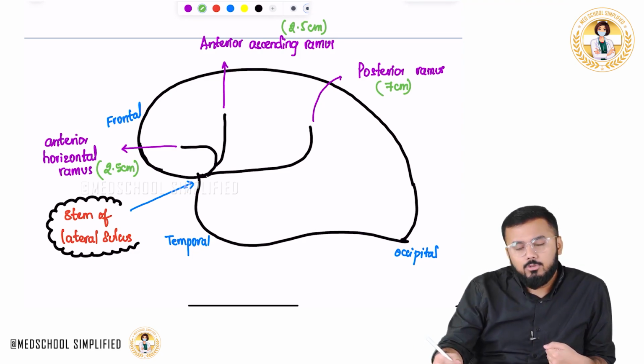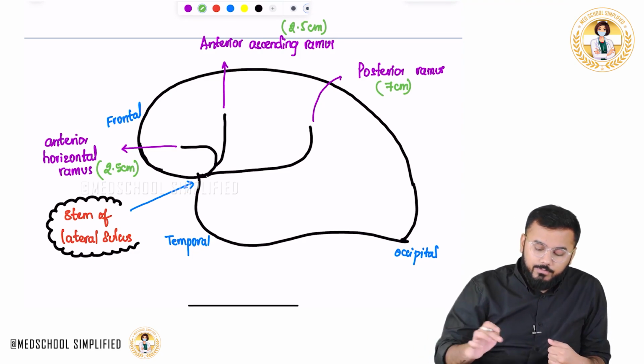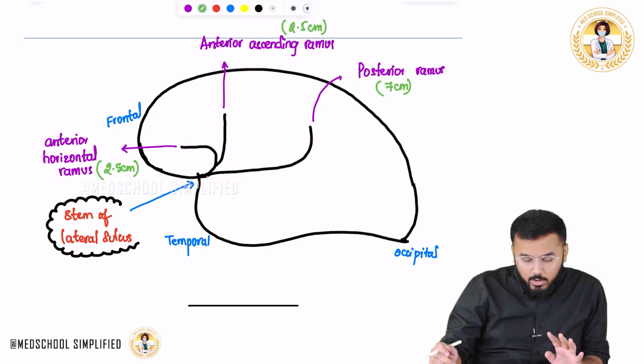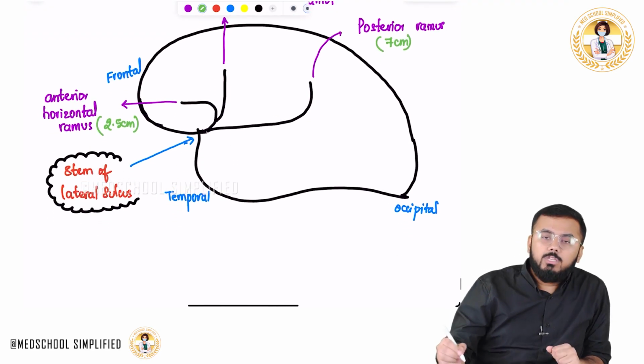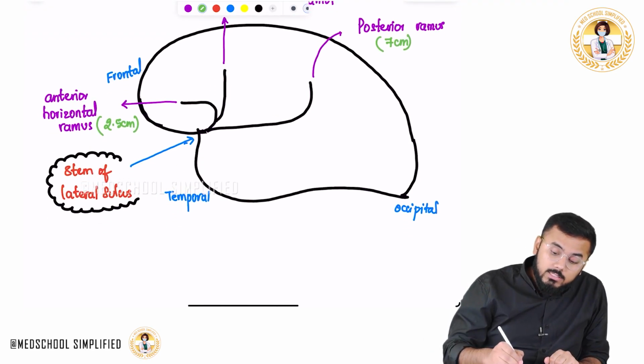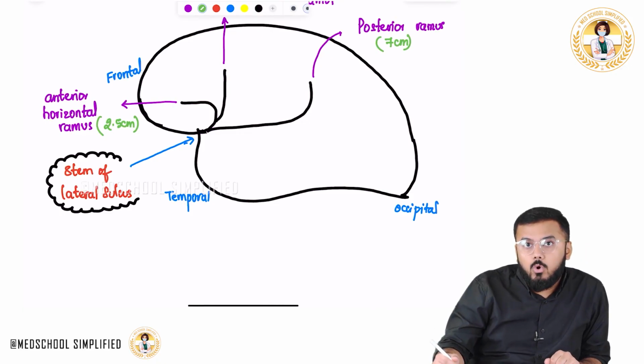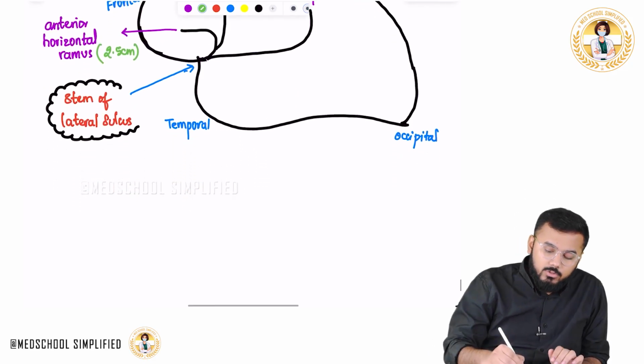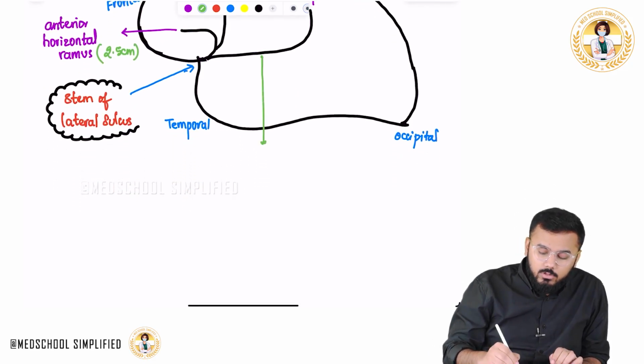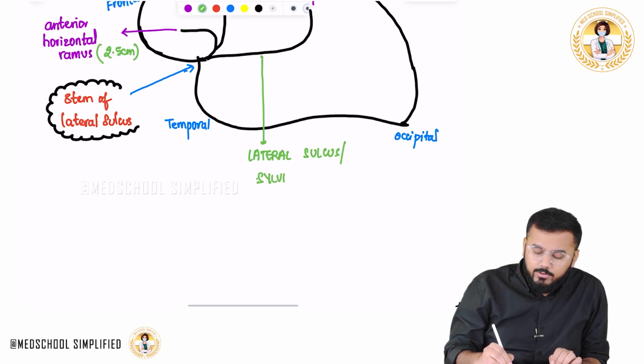Should you remember these numbers? It is your wish. So this sulcus which I have drawn right now, you see this posterior ramus? This posterior ramus is also called the lateral sulcus. The other name for the lateral sulcus is Sylvian fissure. So this one over here is also called the lateral sulcus, or you can also call it the Sylvian fissure.